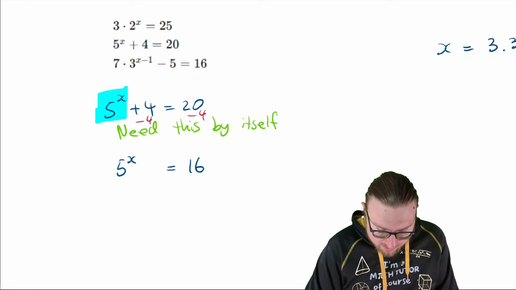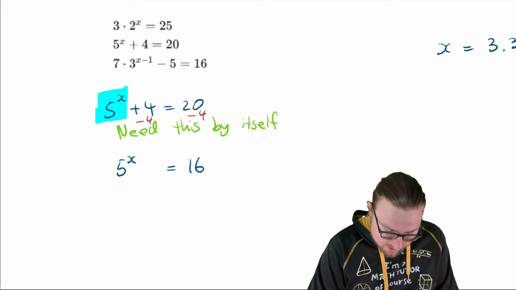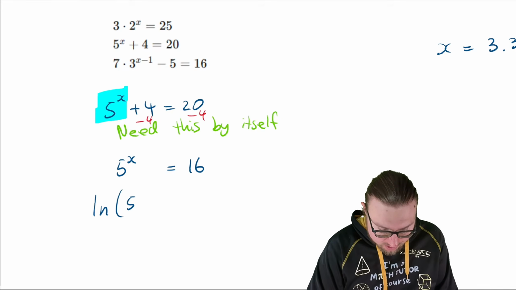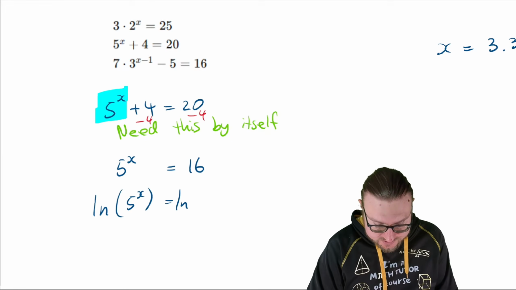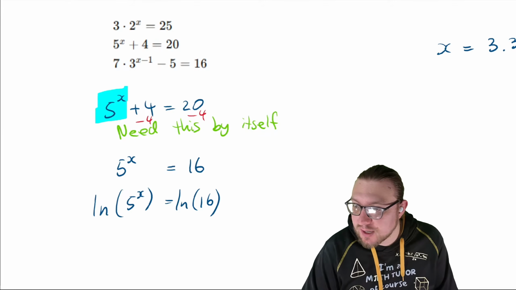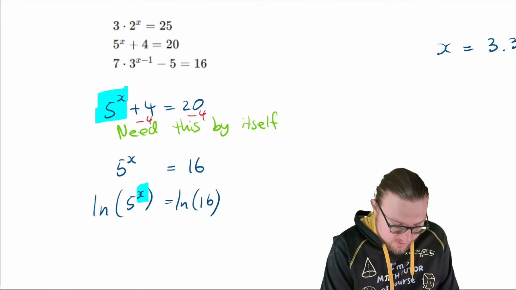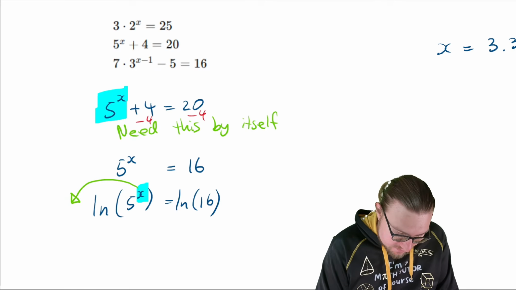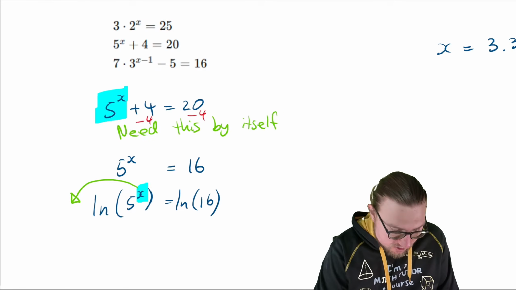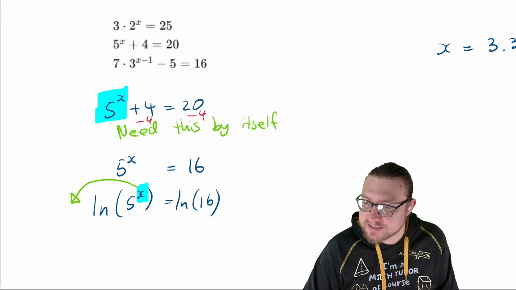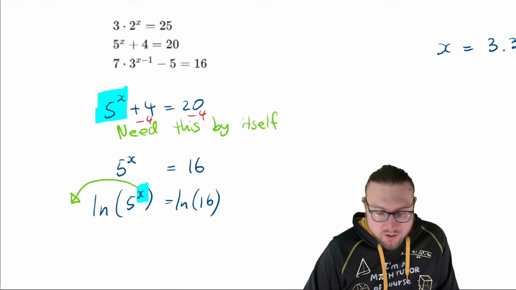Awesome. Okay, and now we have this part by itself, and now we can apply natural log on both sides, which is ln 16. Why do we do this? Remember, the reason why we do this is because we have x in the power, and every time we have x in the power, it moves to the front. You guys have to be very confident with these kind of questions because these steps are always the same.